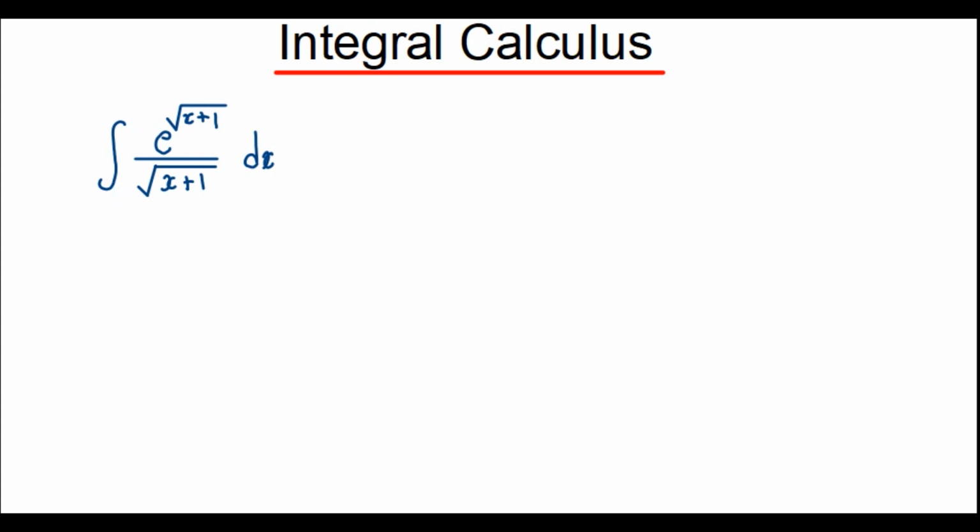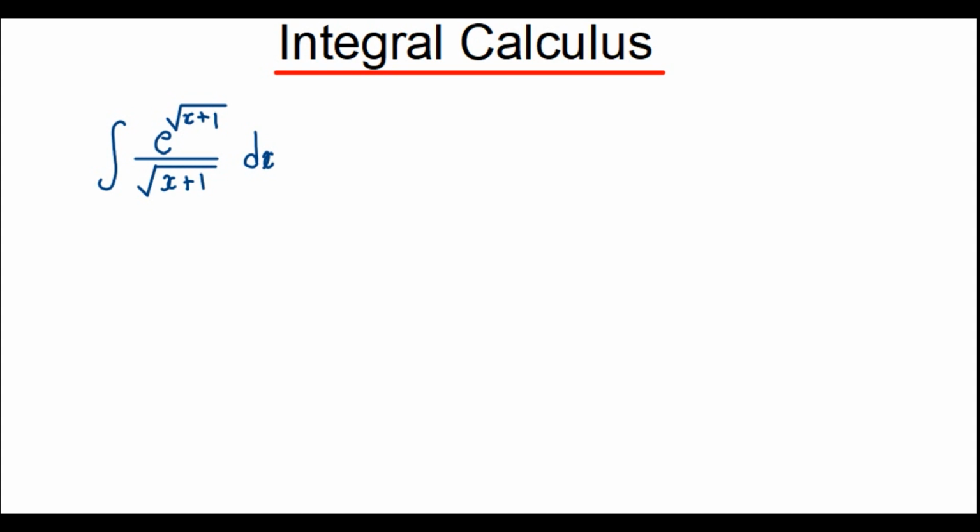So it's actually a rational expression where on the numerator we have e to the power square root of x plus 1, divided by the square root of x plus 1. And one method that is going to be convenient for me to evaluate the integral of this question is u substitution.